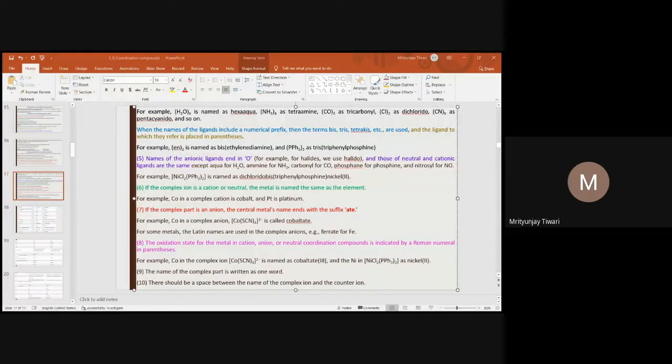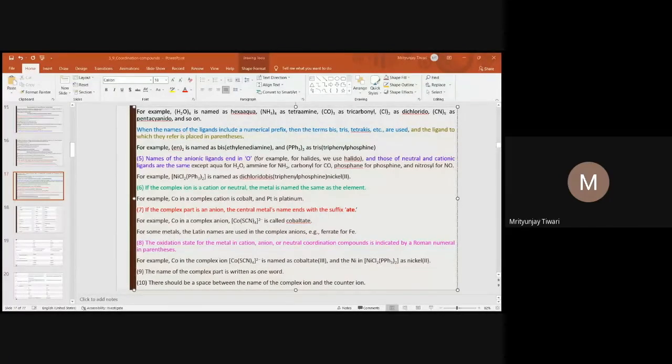So, for example, cobalt in the complex ion Co(SCN)4 is named as cobaltate(III), and how will it become cobaltate(III)? Let us see the oxidation number of cobalt. Of course, SCN minus, one SCN ligand is the thiocyanate ligand, and thiocyanate has one negative charge, and the entire complex has two negative charge on it.